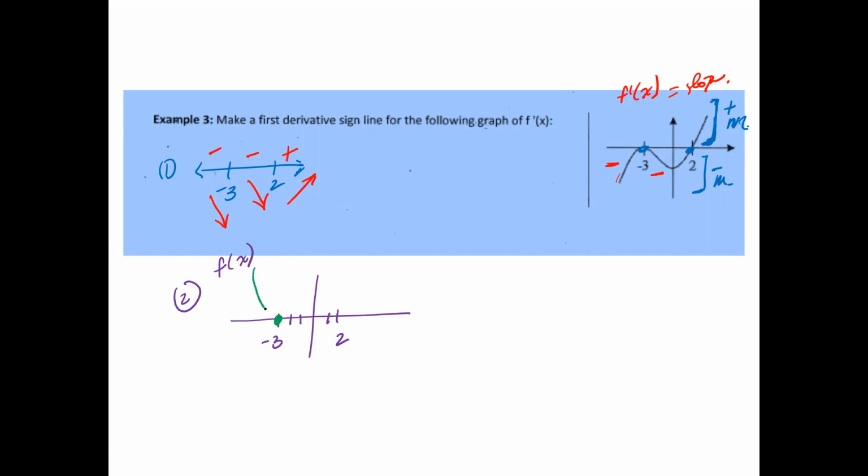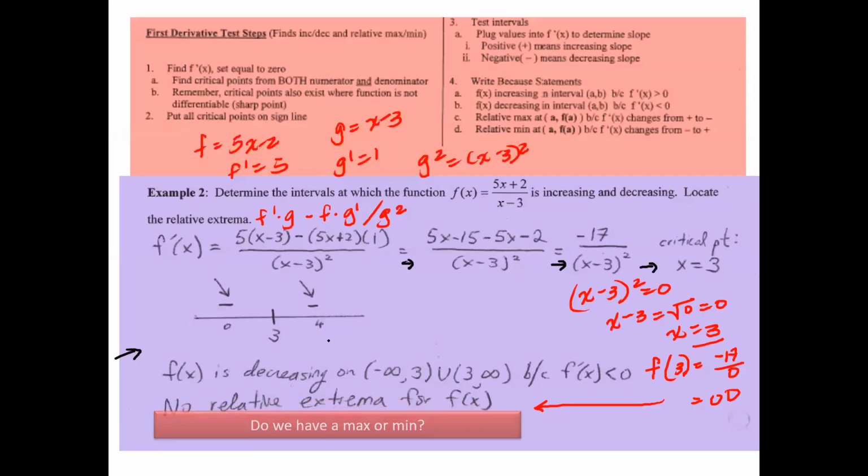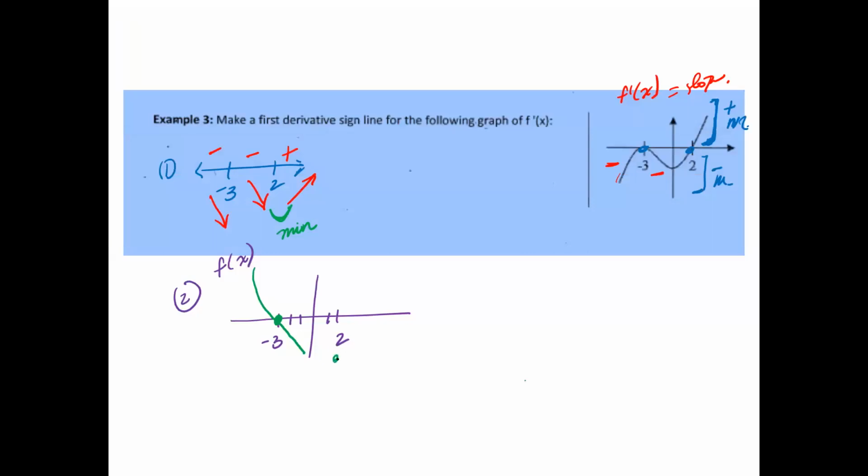So it's going to look something like this, and it's going to keep going negative. But then at 2, it is going to have a minimum right here, going from a negative slope to a positive slope. So it just looks something like this, and that is your graph.